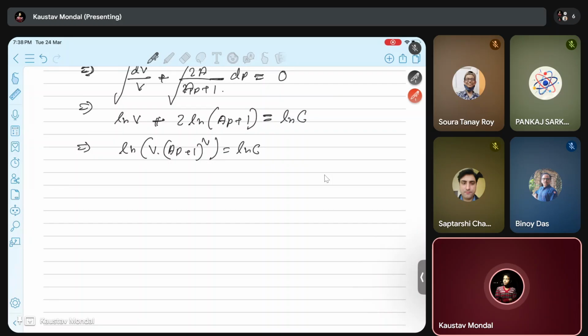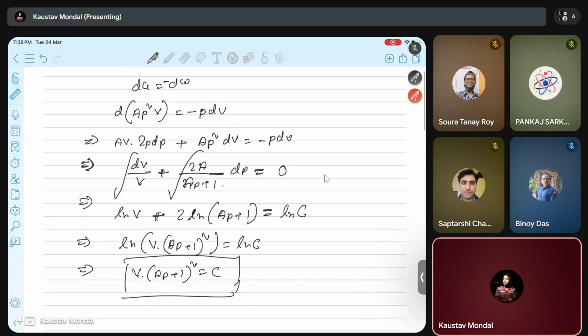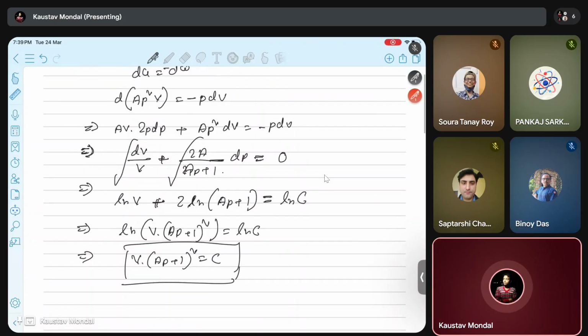So it becomes v into ap plus 1 whole square equal to c. So this would be the equation of state for this process, for the process that is mentioned in the problem. This is the way you have to solve the problem.